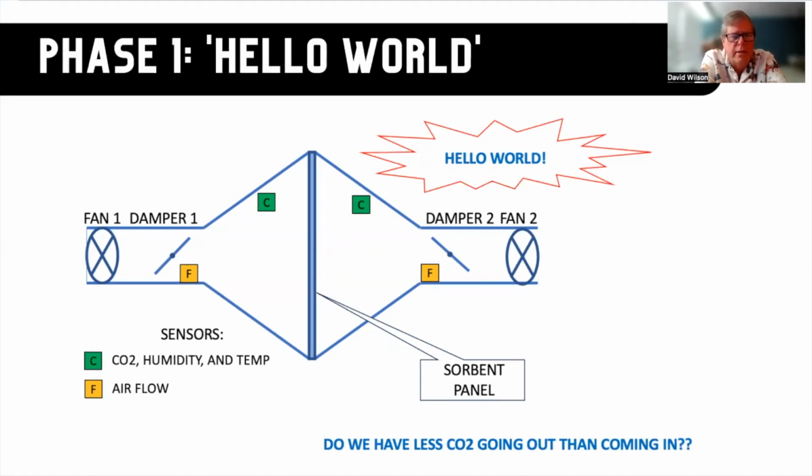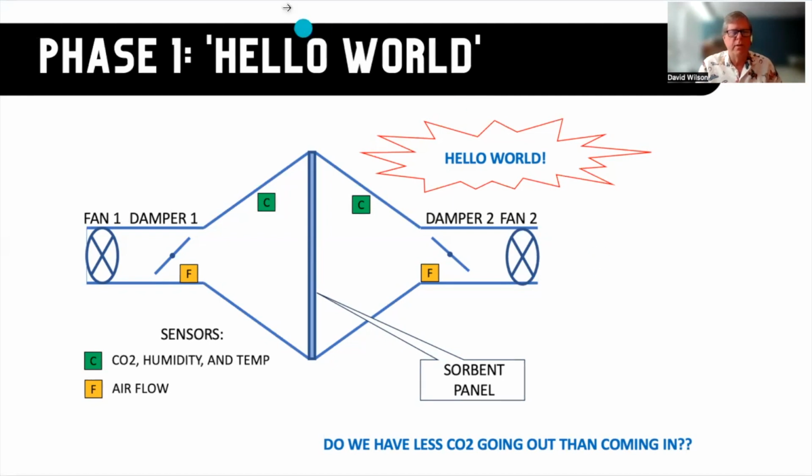And the way we do that is you're going to start seeing these colored squares that I've added. Those are electronic sensors, and this system is going to depend a lot on the sensors and being able to read them, because they're the ones that tell us, for example, if the sorbent is working.